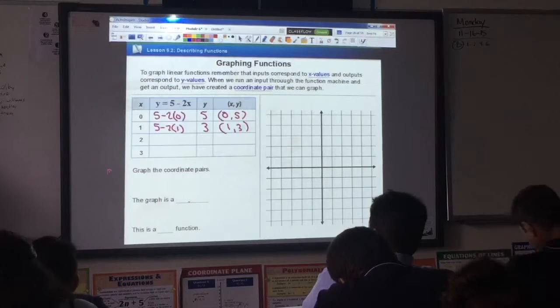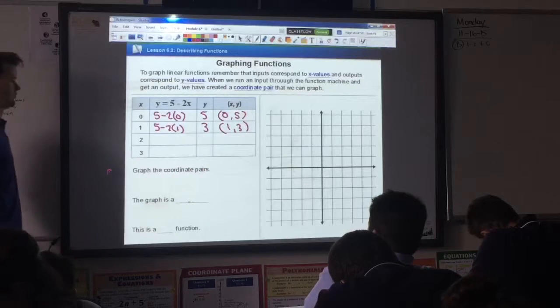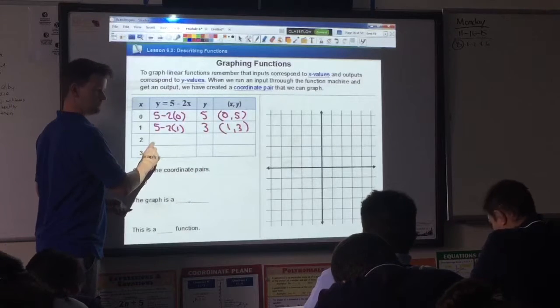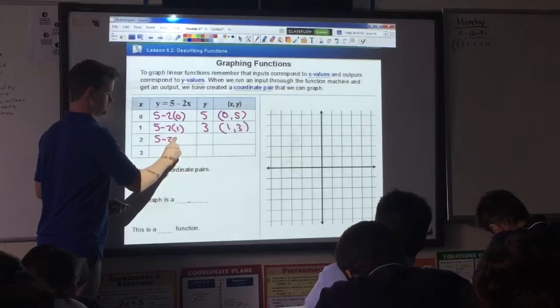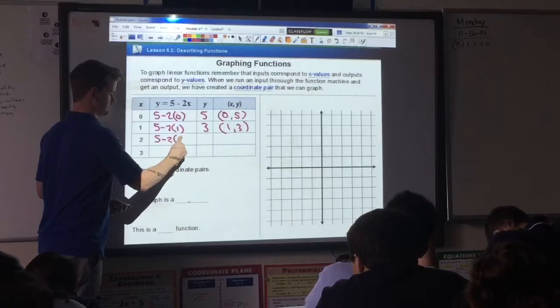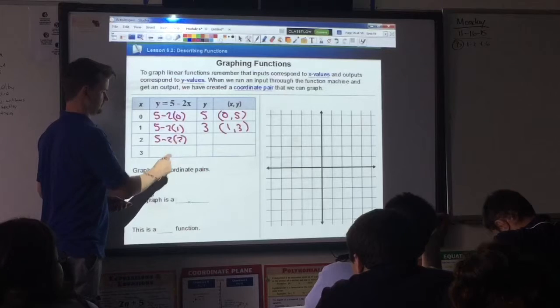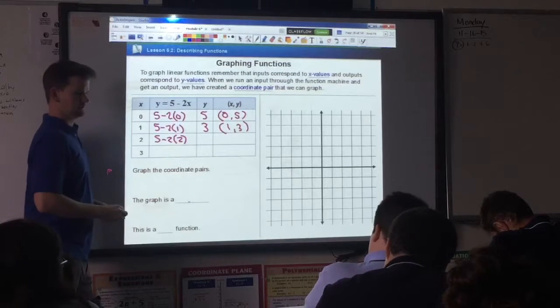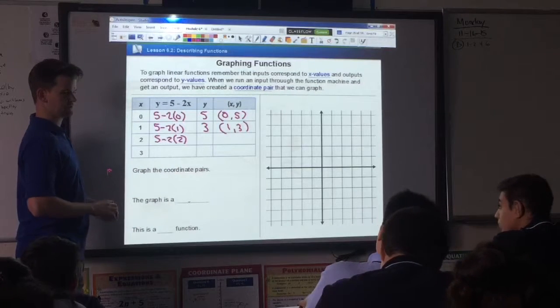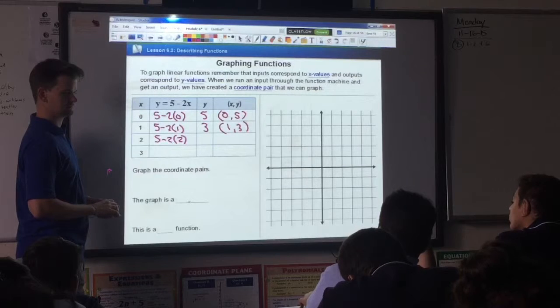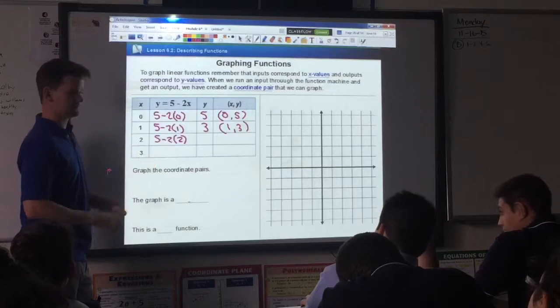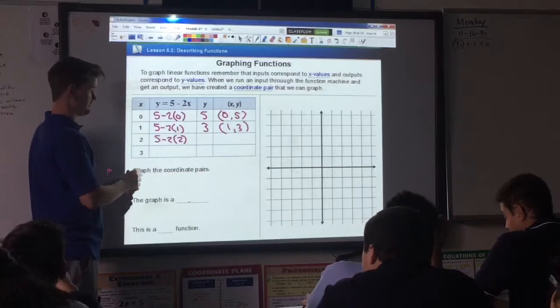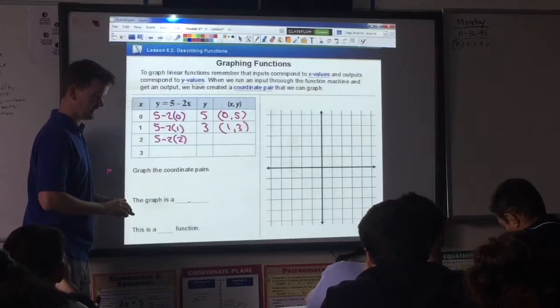We want to substitute in 2. So what am I going to write? 5 minus 2 times 2. What's negative 2 times 2? What's 2 times 2? 4. And a negative and a positive make a negative, so negative 2 times 2 is negative 4.